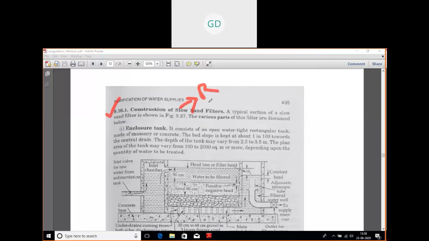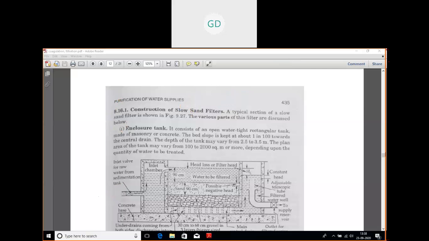You write down the constructional details on your own. Everything is given here. You can select the important lines, like the enclosure tank here. Draw this diagram, then write about the constructional details. I have provided this to you.